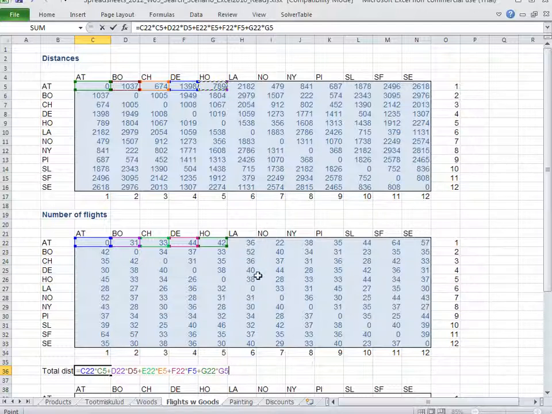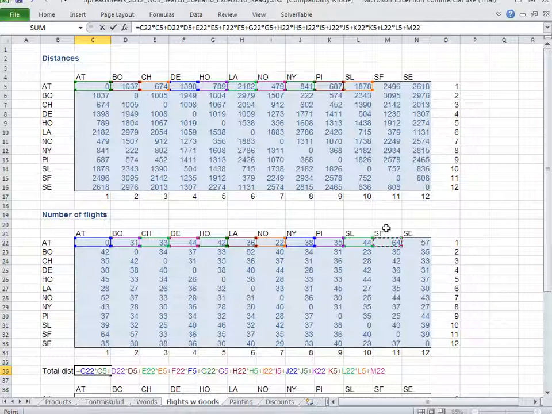So we will have to start multiplying together the number of flights and the number of miles. This way we will get the number of total miles flown out of all these flights. Okay, the first row is done. Let's continue.